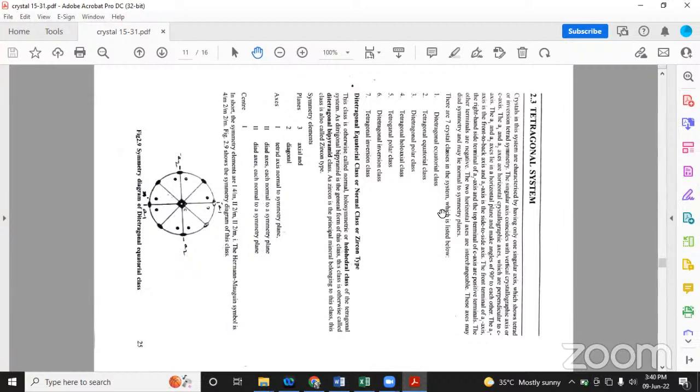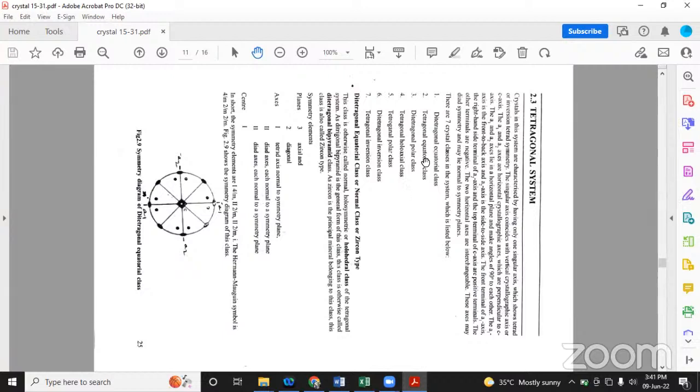Then there are the tetragonal trapezohedral class, the ditetragonal pyramidal or hemimorphic class, the tetragonal dipyramidal class, and the tetragonal scalenohedral or sphenoidal class. Like this, there are 7 classes in the tetragonal system.